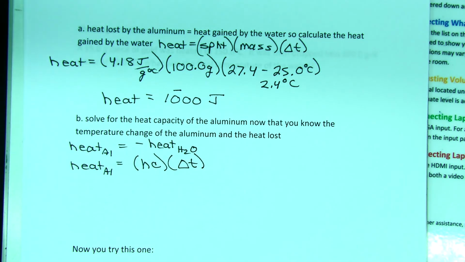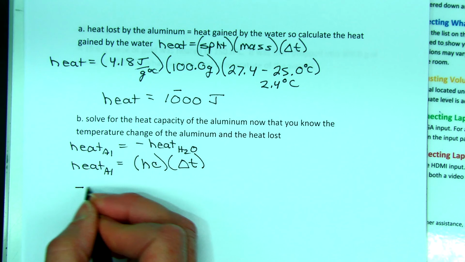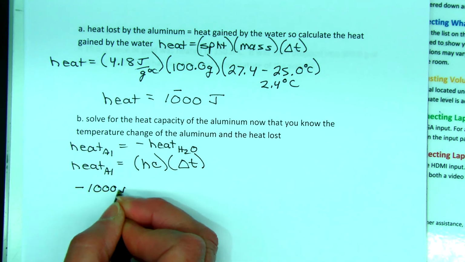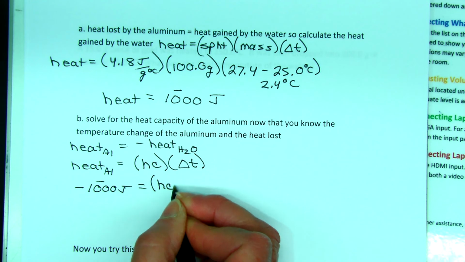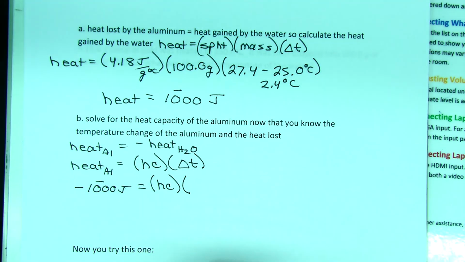So the heat of the aluminum is negative 1,000 joules, 2 sig figs. That's equal to the heat capacity times the temperature change. What is the final temperature of the aluminum? That's the temperature of the water, 27.4.